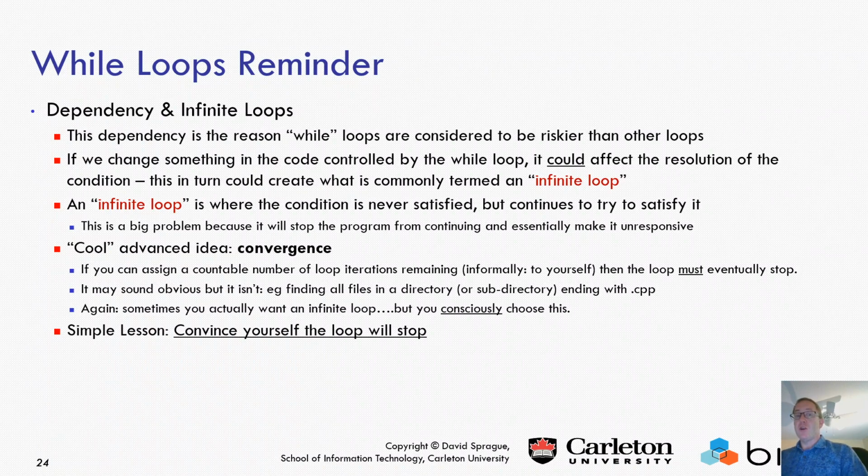So your job is to always convince yourself that this loop will eventually stop, that it is always getting a little bit closer to that stopping condition. That's what convergence is. And you can do this right now. Just look at your loops when you're writing them, and when you're double checking your work, think to yourself, am I getting closer to my stopping condition each and every time through the loop? Not sometimes, every single time.